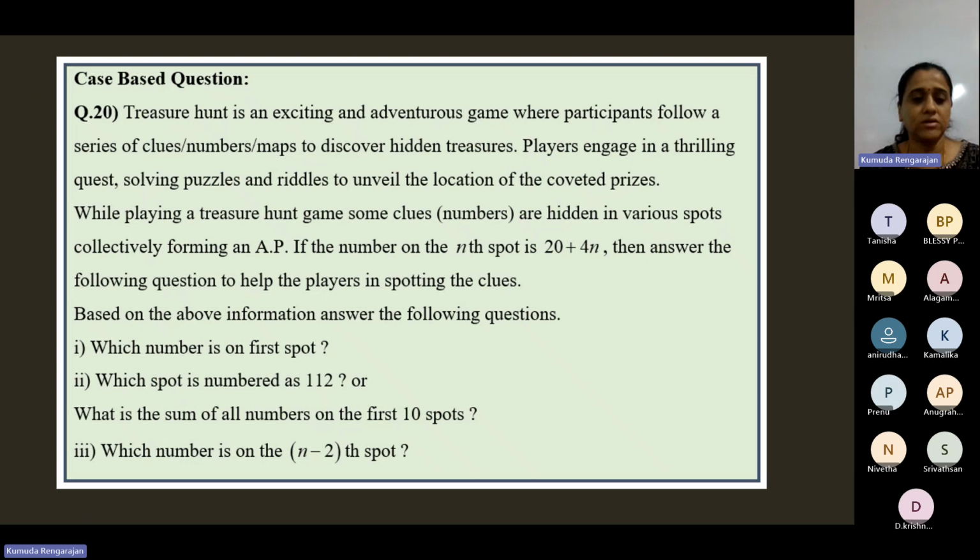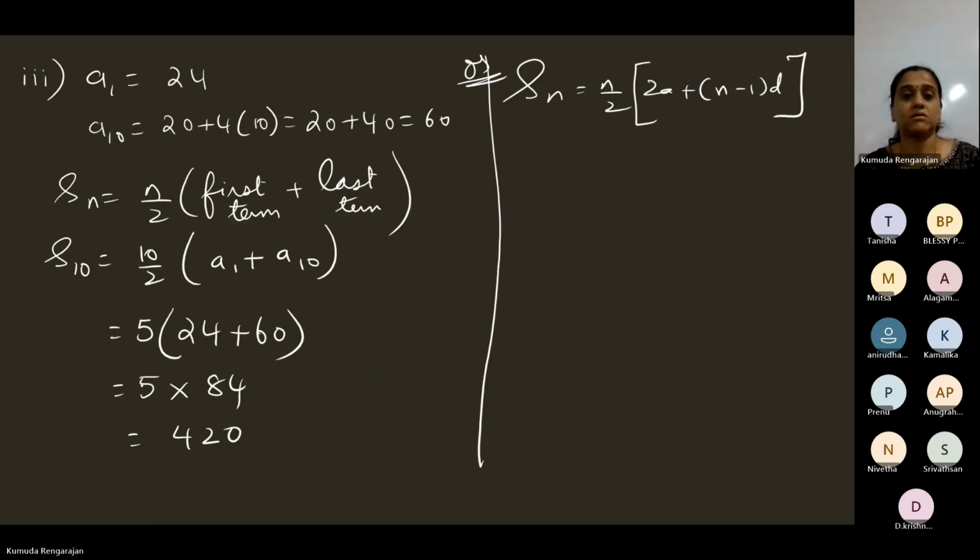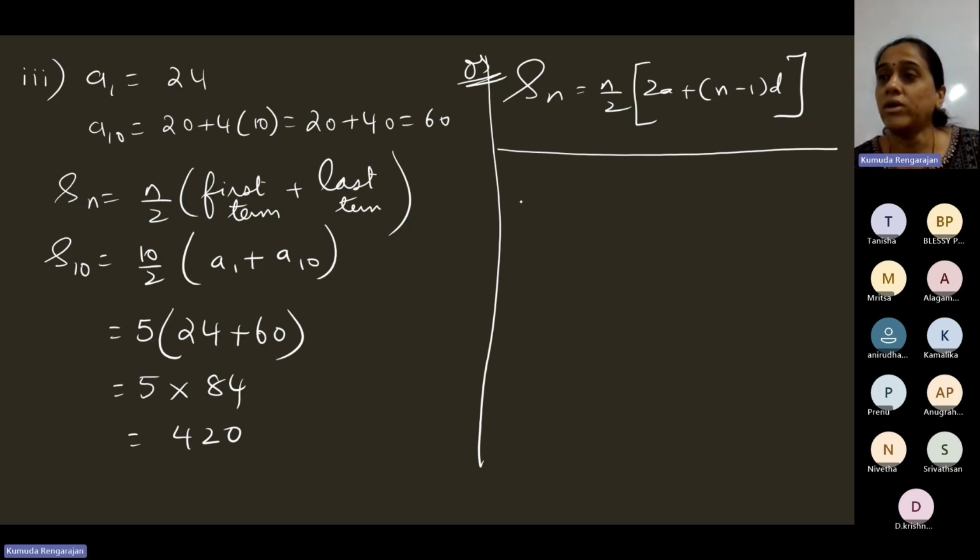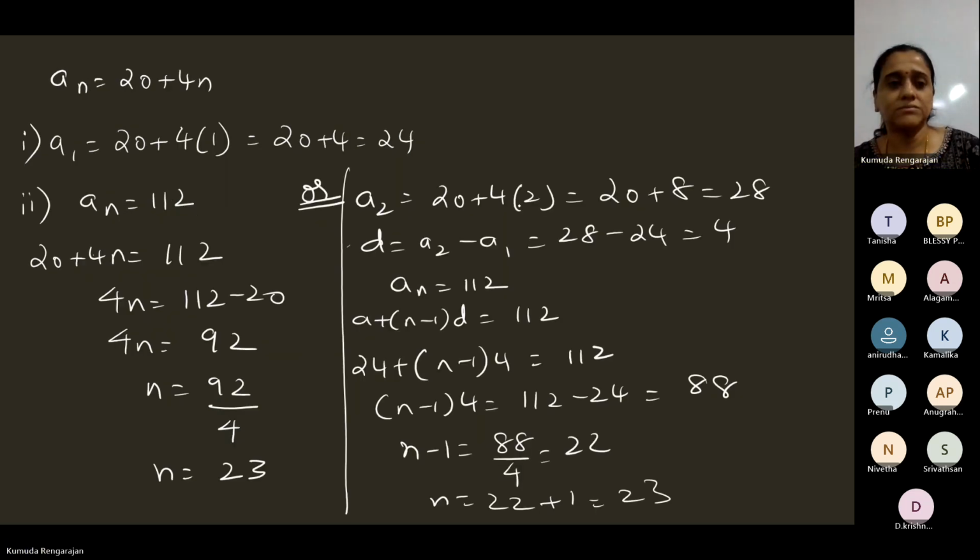See the last question. Which number is on the n minus 2th spot? 108. How many spots are there?